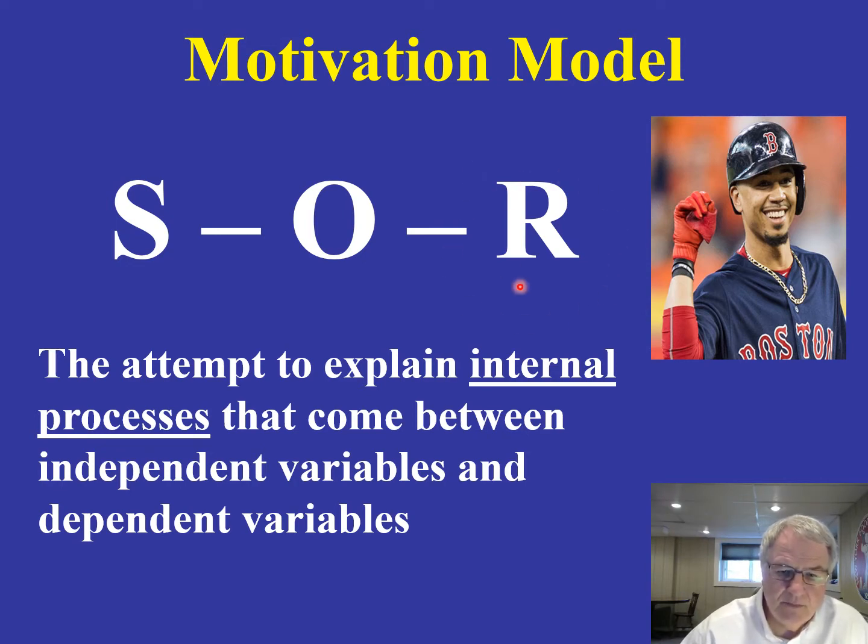So the study of motivation really is the study of what's going on inside the organism that we can't really see: the relationship between independent variables, those stimuli in the environment that may be influencing us, and the responses that we exhibit, dependent variables.